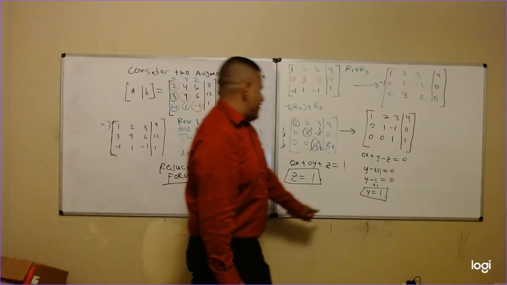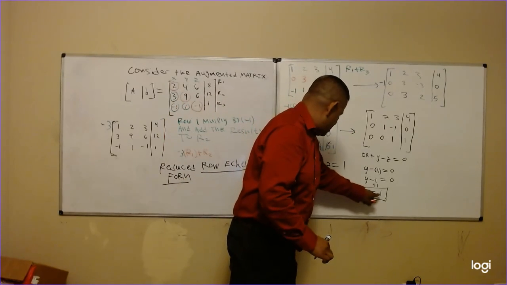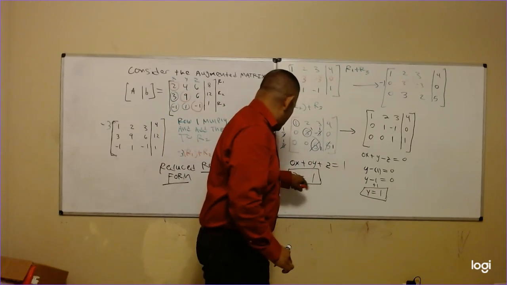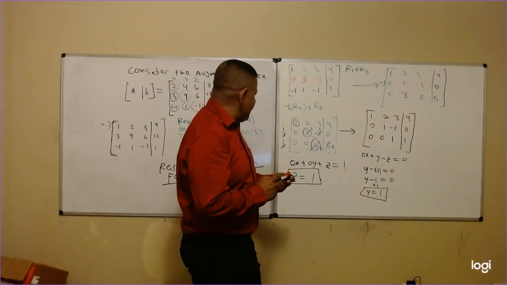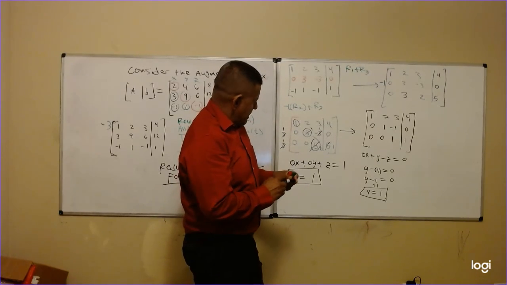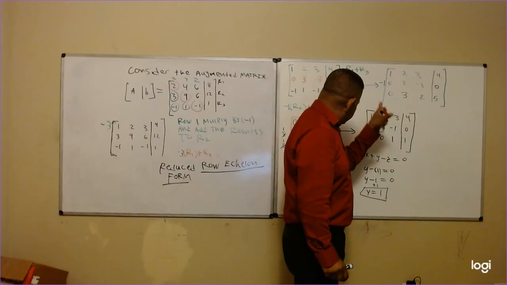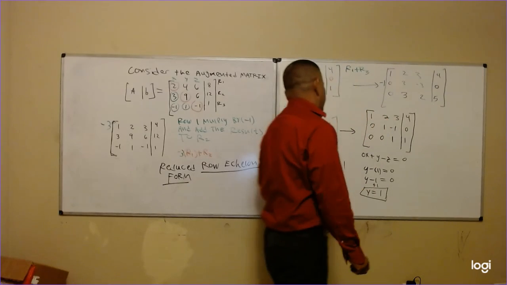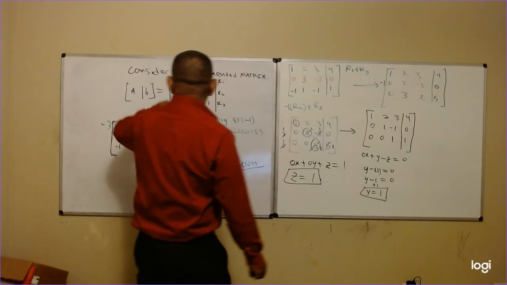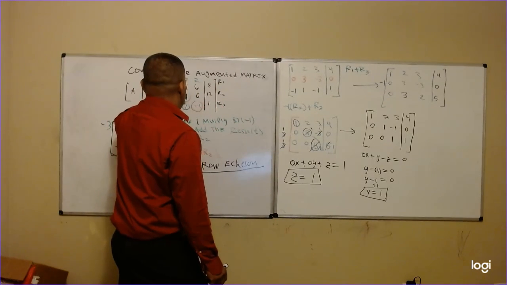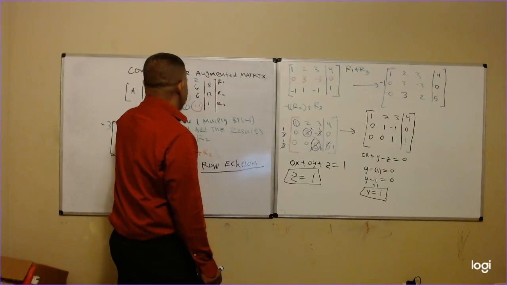Now I have the value of y and z. Now I can take those values and plug them into this equation right here, because this is equivalent to this. Either way is going to be the same thing.